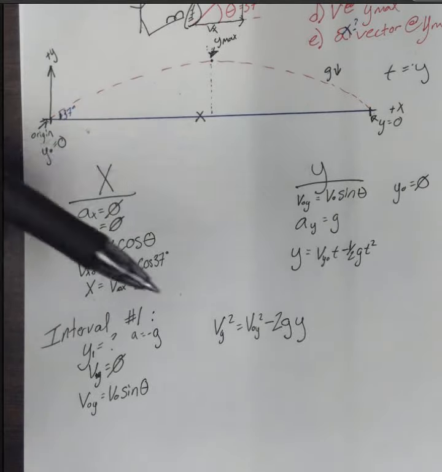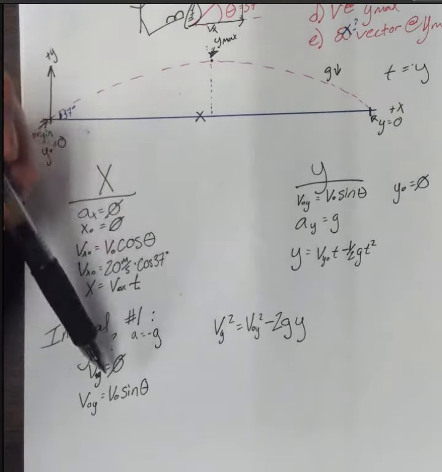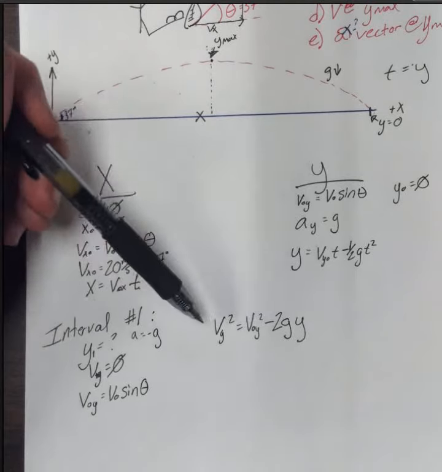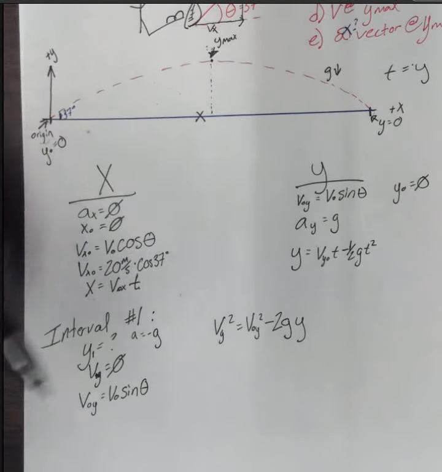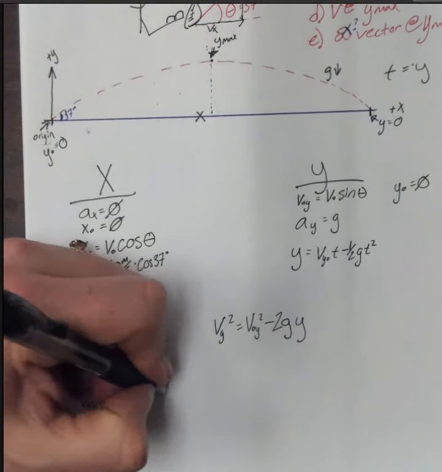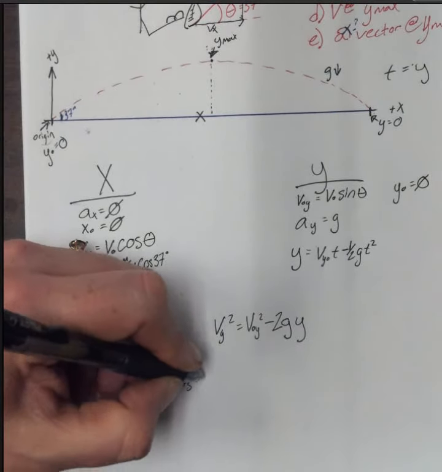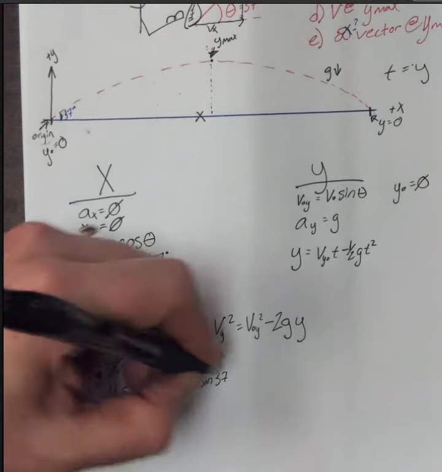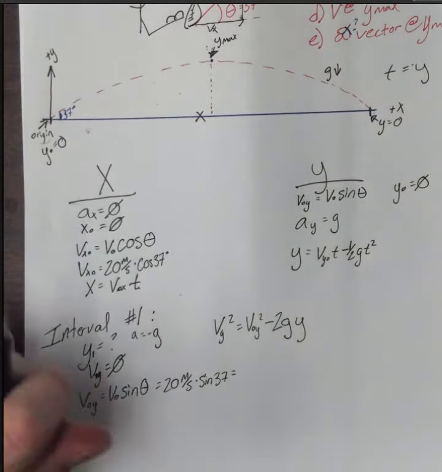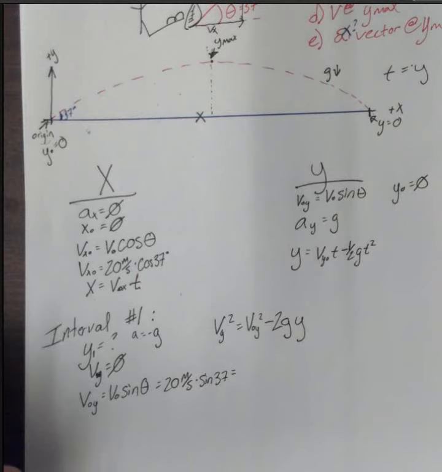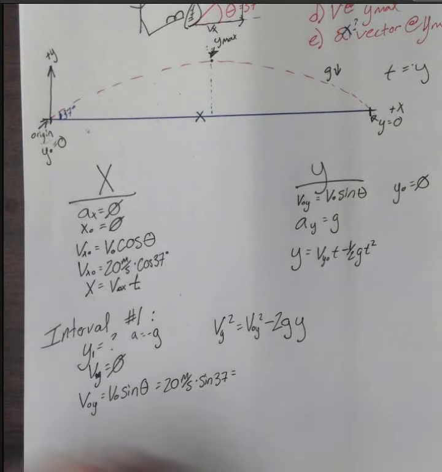We're only interested in that height, and we know the relationship between initial and final velocity with gravity using this equation. So I can solve for V naught sine theta, which is going to be 20 meters per second times the sine of 37, which is going to be, I'll write it down, 12 meters per second.